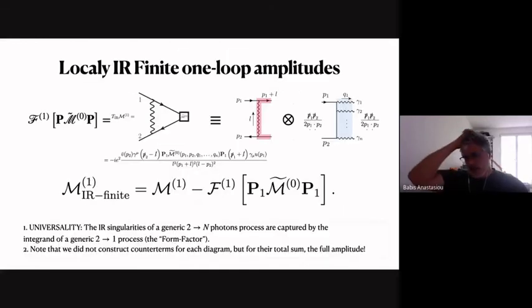And just to cut the story short, we can make one subtraction for both soft and collinear singularities once we know that they factorize. We take the one loop amplitude, we subtract the expression where we have the form factor, the 2-to-1 process, but instead of having just a single photon coming out from here, we put a full 3 amplitude in that. And this combination is at the integrand free of every singularity.